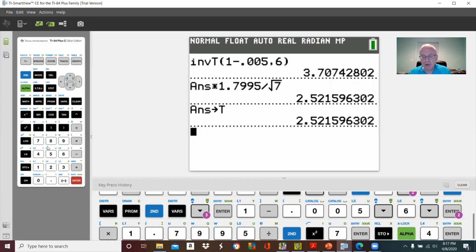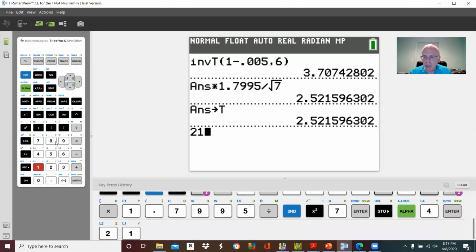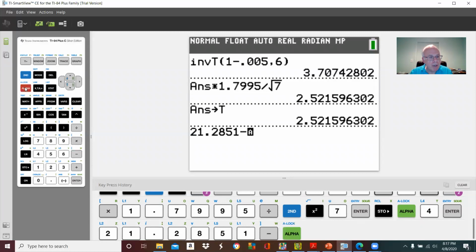Now, we've come up with a confidence interval. The left end of the confidence interval is going to be the sample mean, which when I figured it out, was 21.2851. I rounded to 4 decimal places, and I'm going to subtract T, because that's my margin of error. And there's my left end point.